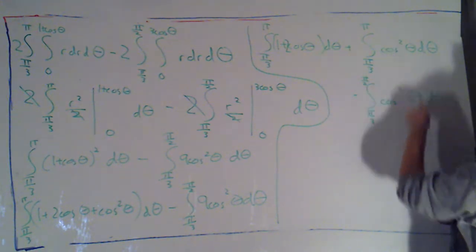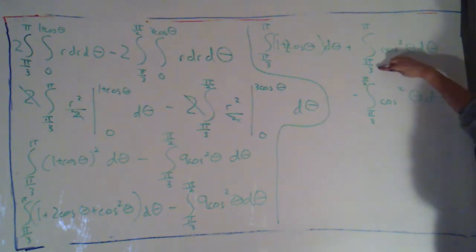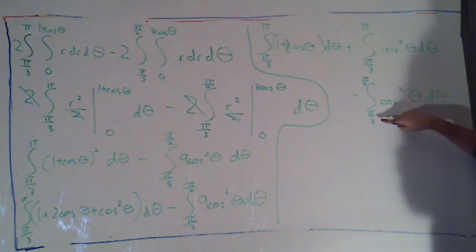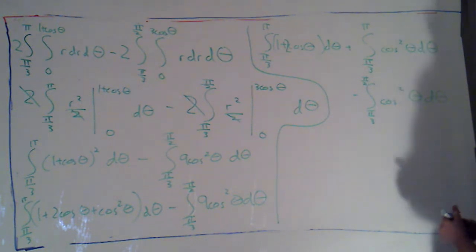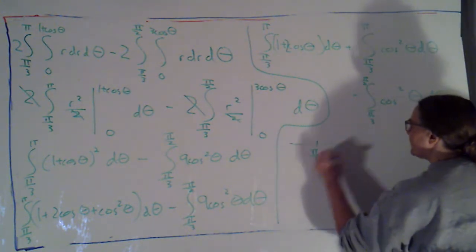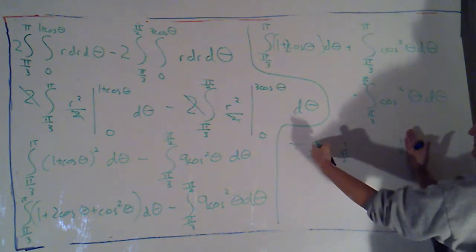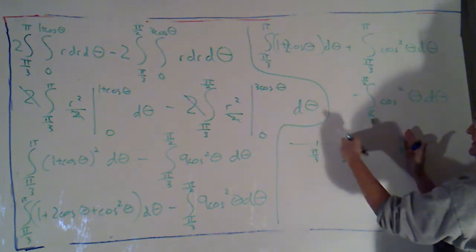Now both of these pieces involve the same integrand of cosine squared. So here I'm going from pi over 3 all the way to pi, but I'm subtracting what I get going from pi over 3 to pi over 2. That's exciting. So here's pi over 3, pi over 2, and pi. The first integral has me going along this entire interval. I'm subtracting what I get over this interval.